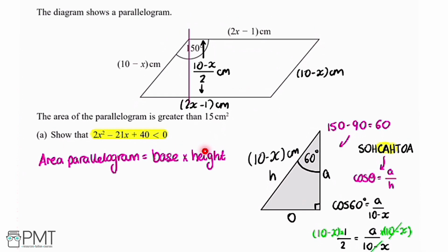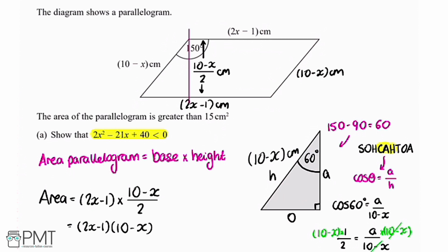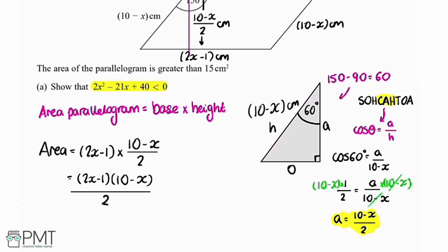We can now use our area of a parallelogram. The area equals the base, which is 2x minus 1, multiplied by the height, which is 10 minus x divided by 2. Combining that into one fraction, we get 2x minus 1 multiplied by 10 minus x on the top, divided by 2.